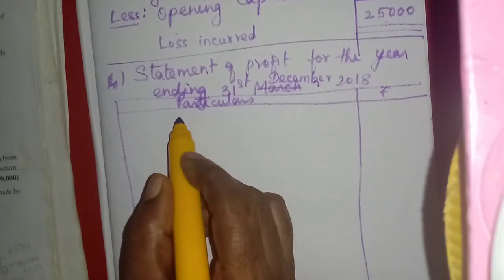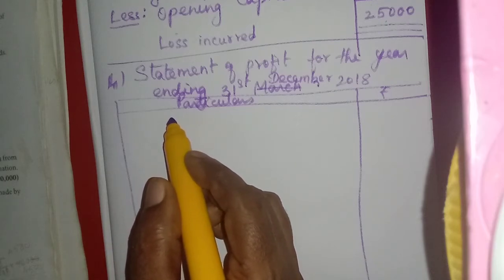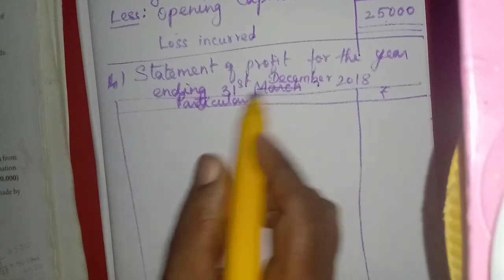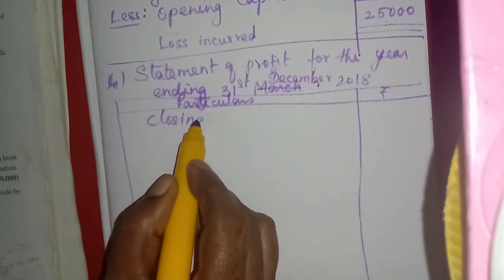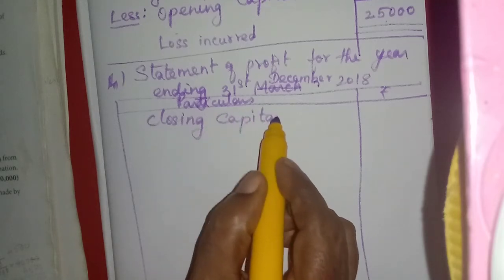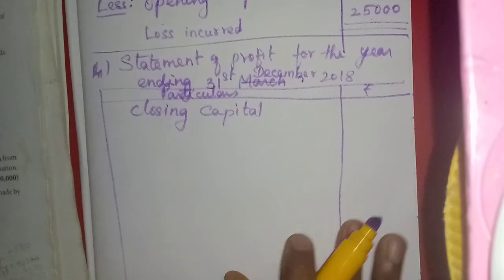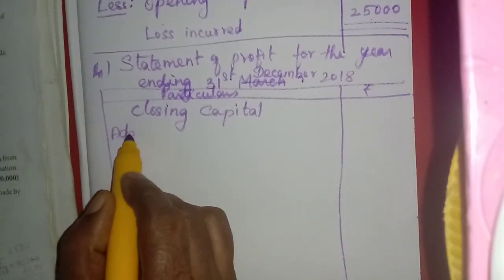Okay. Nothing given, we should calculate. If they are given, calculate the capital as on 31st December. So closing capital. We don't know, isn't it? Closing capital we don't know. Add drawings.